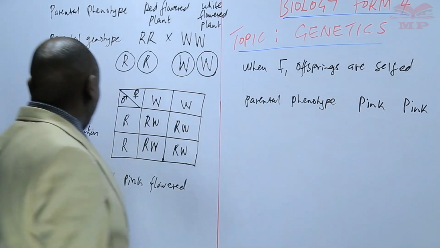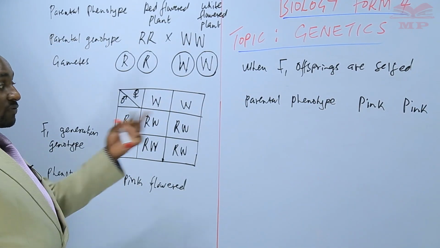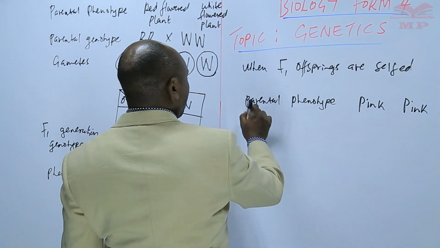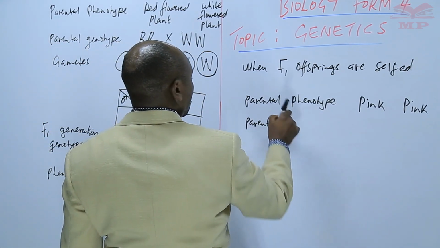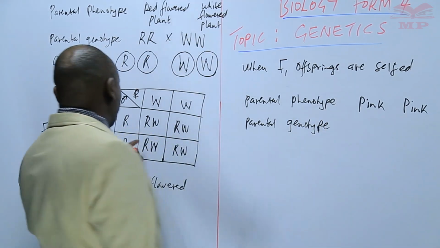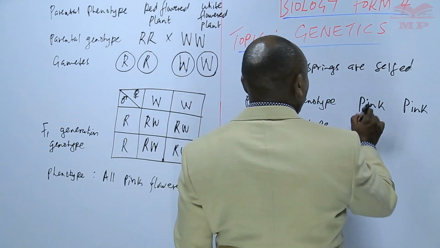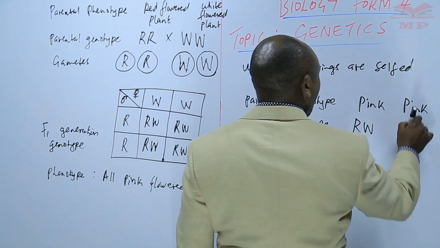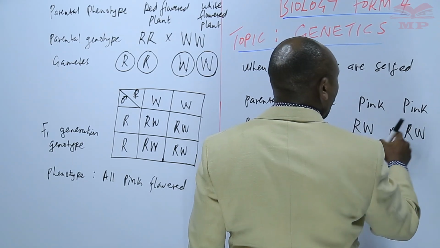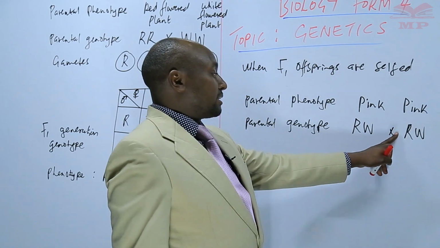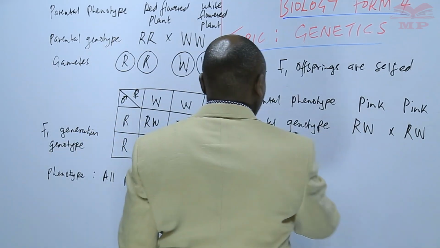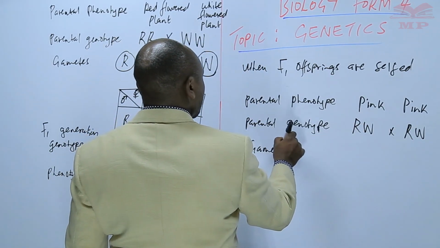So the offspring here become the parents of the next generation, F2. The parental genotype is as obtained in the square, RW and RW, and the cross sign must be put there to show that we are crossing those genotypes. Then we have the gametes.